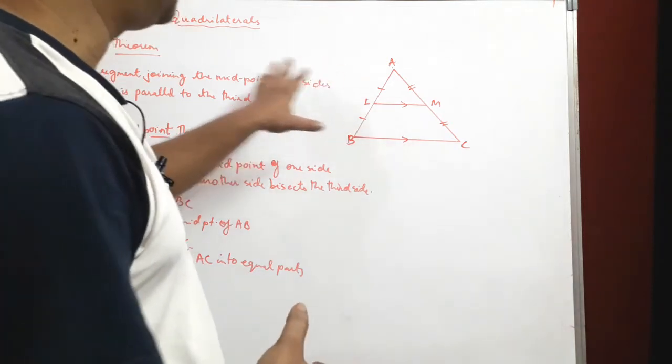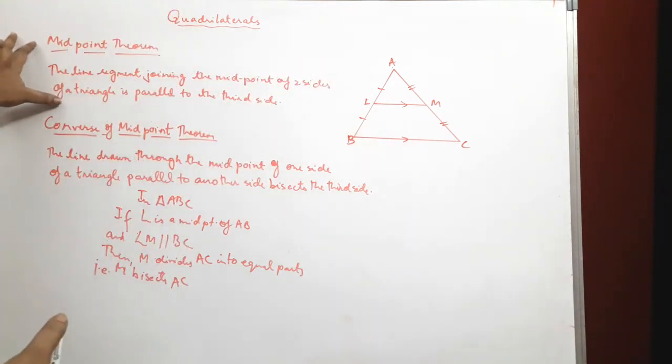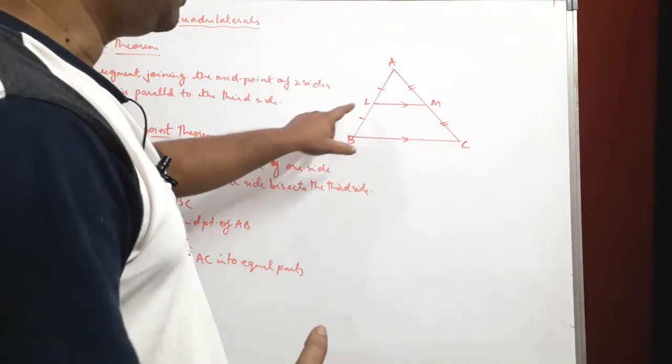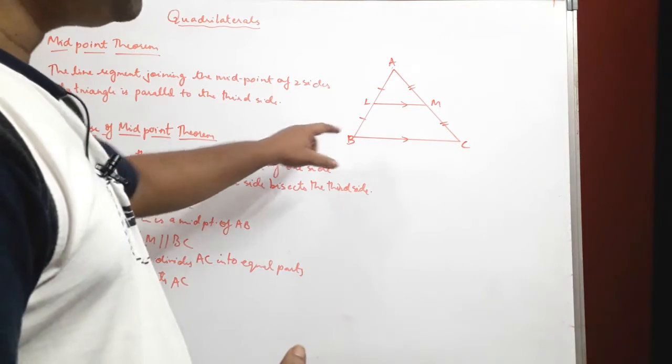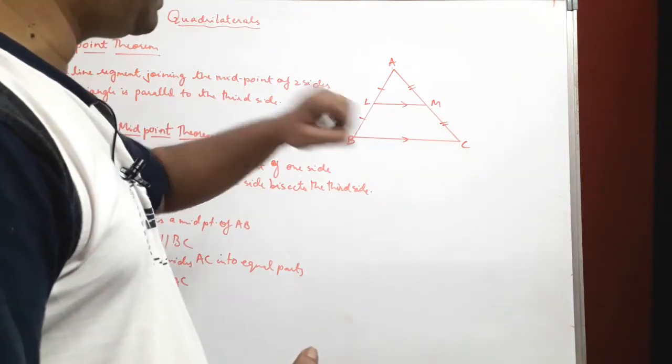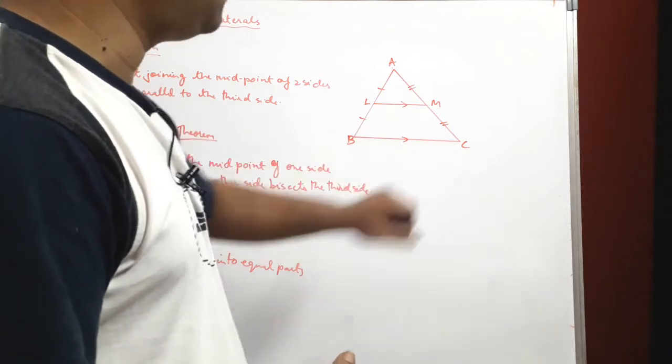In the midpoint theorem, we know that these two are midpoints, and when these midpoints are connected, the line joining them becomes parallel to the third side of the triangle.